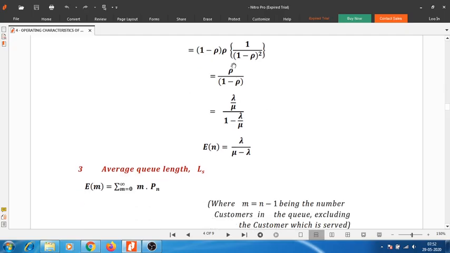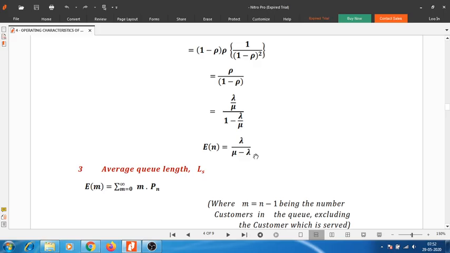What is the rho right now? Rho is nothing but lambda by mu. So 1 minus lambda by mu in the denominator. After simplification by taking LCMs and so on, you will get the final term lambda by mu minus lambda. What is the lambda right now? Lambda is the arrival rate.